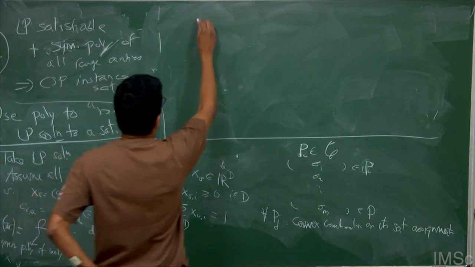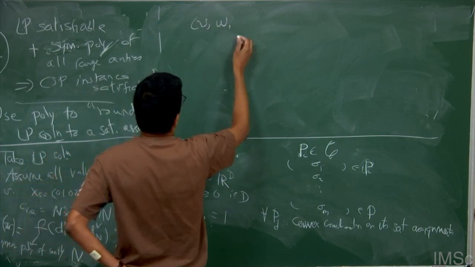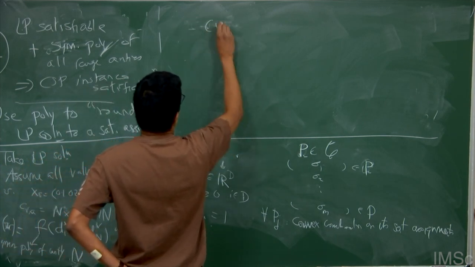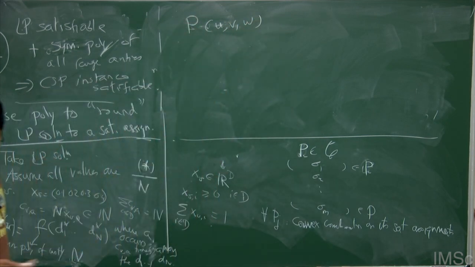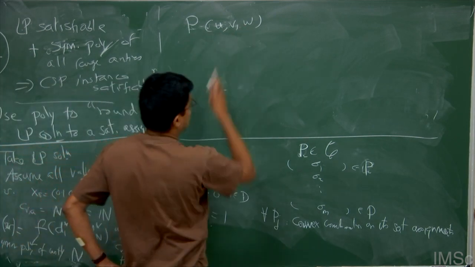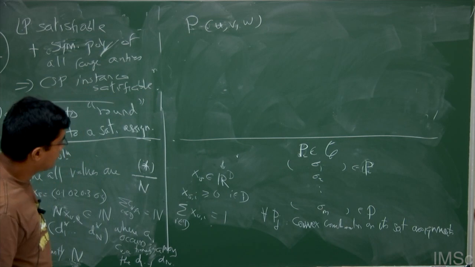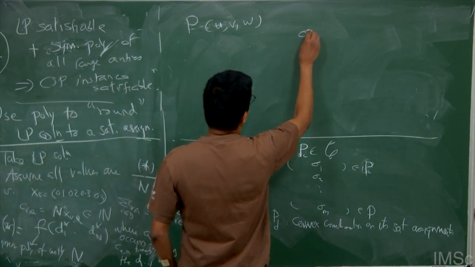Okay, so let's again do that by example. Suppose you have a constraint on three variables u, v, w. Suppose you have some constraint P(u, v, w). It's very generic, so I just use 3. So suppose you want to prove that this is satisfied by this particular thing. So what do you know?